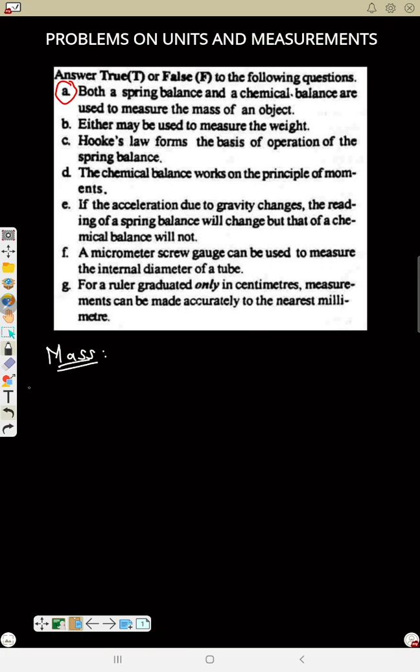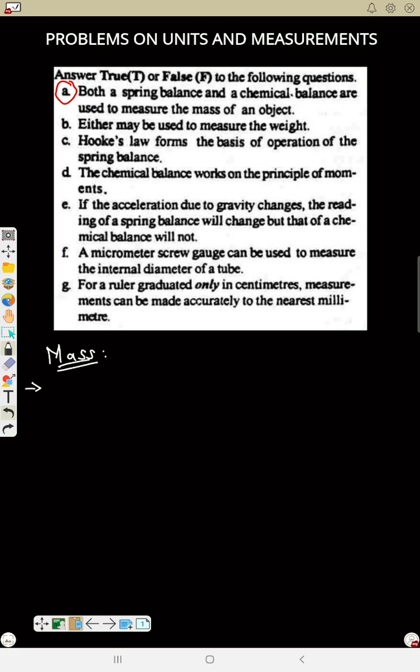Now, other information you need to know about mass. It is consistent everywhere in the universe. It means mass is constant anywhere in the universe. Mass will not change. Mass will remain the same everywhere in the universe.